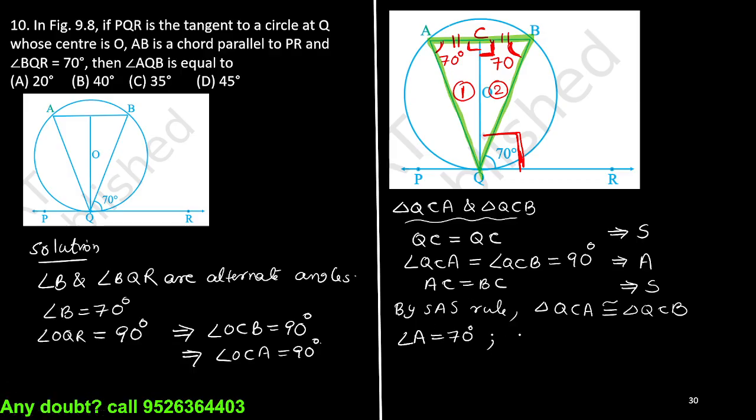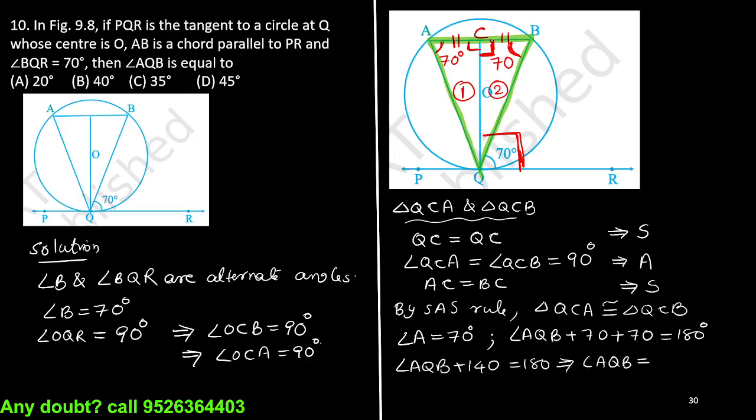So let me write here: angle AQB plus 70 plus 70 is equal to 180 degrees. The sum of all angles of a triangle is 180. So angle AQB plus 140 equals 180. Or angle AQB is equal to 180 minus 140. So the answer is 40 degrees. Okay.